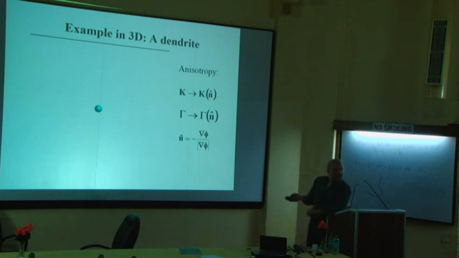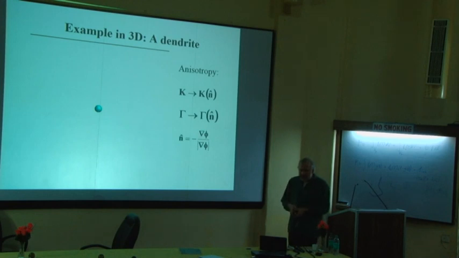And anisotropy is important for dendrites. I have mentioned this. And you can incorporate anisotropy quantitatively in the phase field model, either by having the gradient coefficient depend on the orientation, or by having the interface mobility depend on orientation. I think you will have a tutorial about how to do this in practice, so I can skip the details.